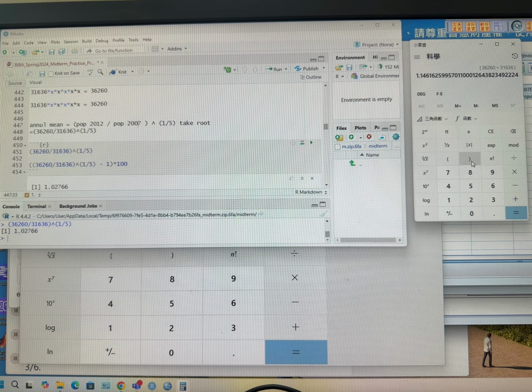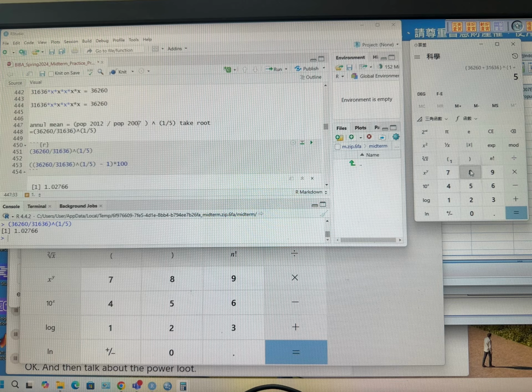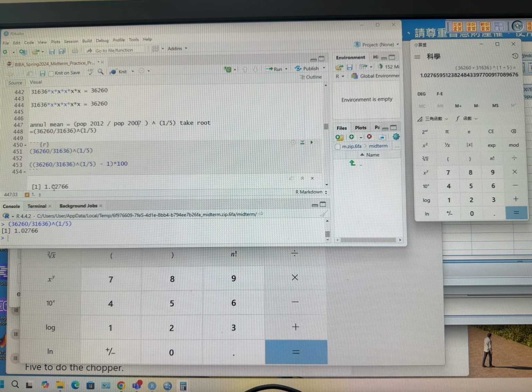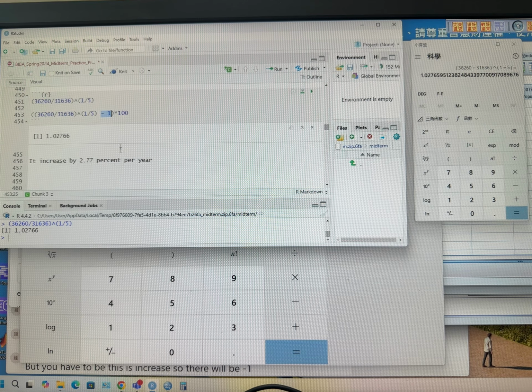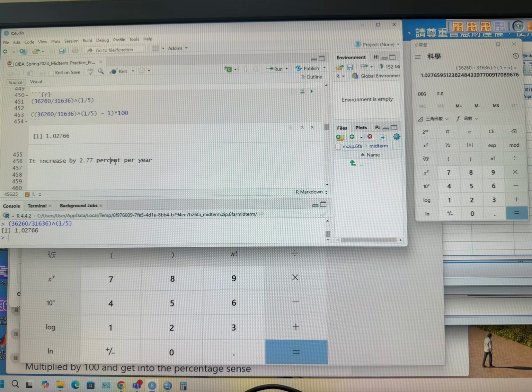Okay. And then take the power root, another 1/5, to do the job. And you get the number 1.027. But this is an increase, so there will be -1. Multiply by 100 and get it into the percentage sense. Alright.